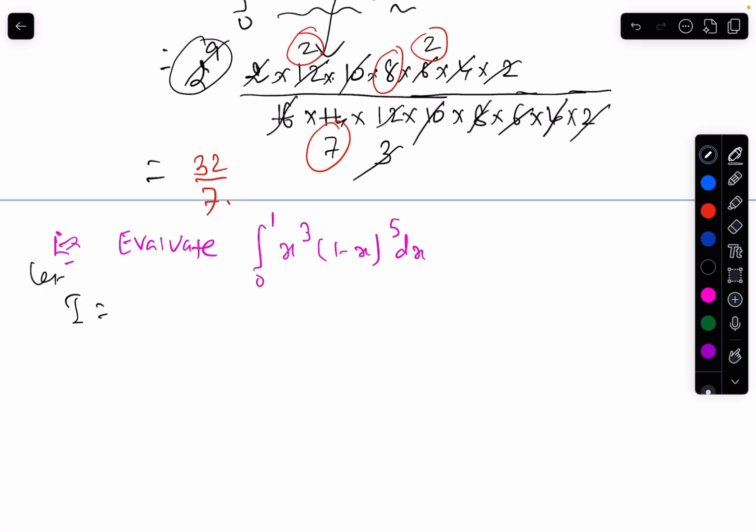So let I equal to integration 0 to 1 x power 3 1 minus x power 5 dx. Now we can write, let x is equal to sine square theta.